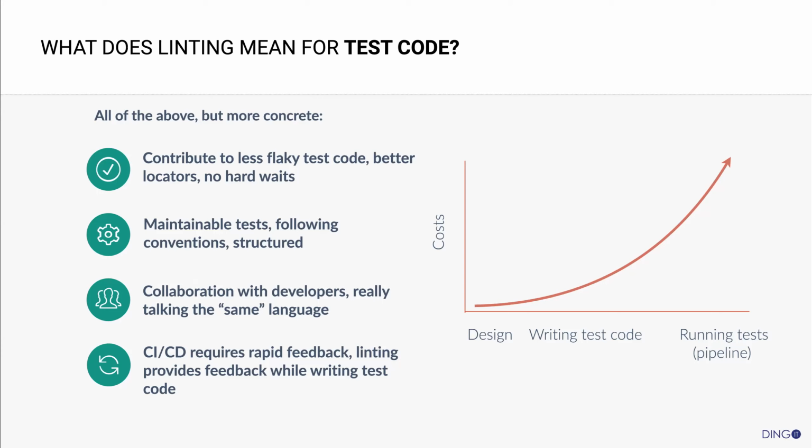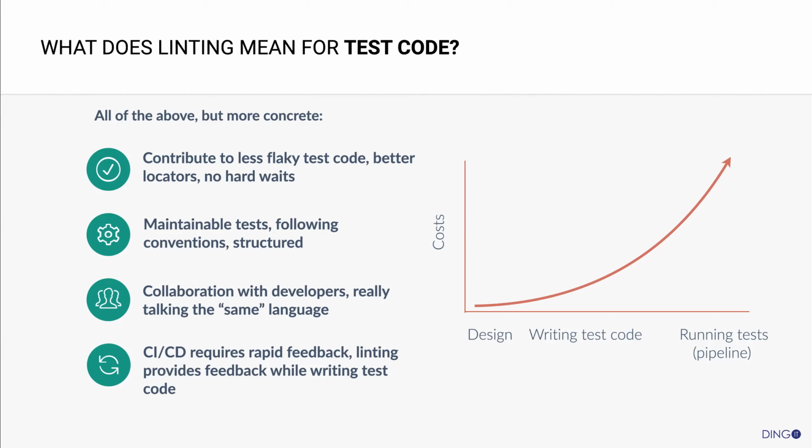And in modern software development, we have continuous integration and continuous delivery, which requires rapid feedback. And for writing tests, linting is I think the earliest stage you can get feedback on the test. So if you plot the same graph as we saw in the previous slide for application code, running tests is actually the production usually.